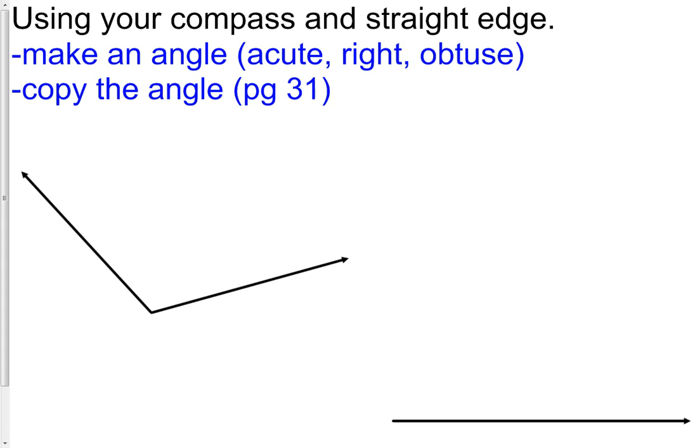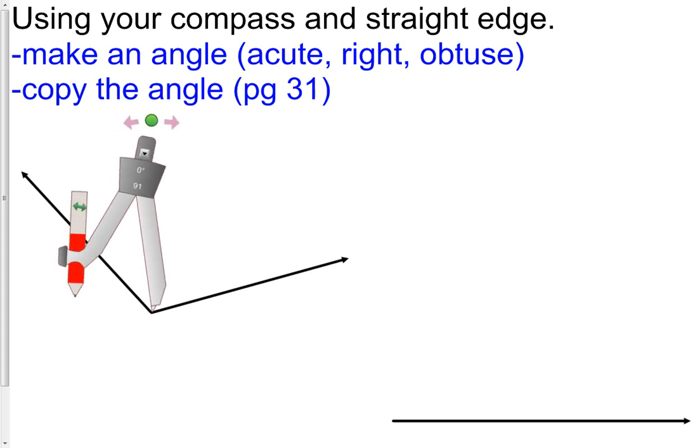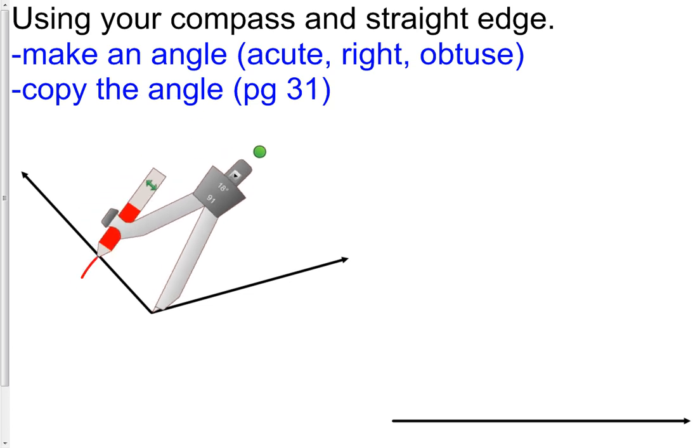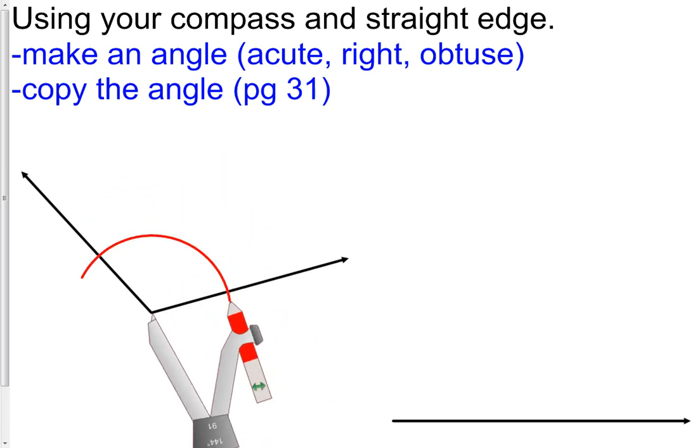Now we're going to take out our compass, and we are going to put the needle of our compass on the vertex of the angle. We'll open up our compass, and we're going to draw an arc that intersects both rays. So both sides, right there and right there.